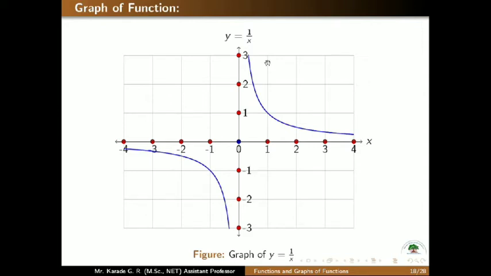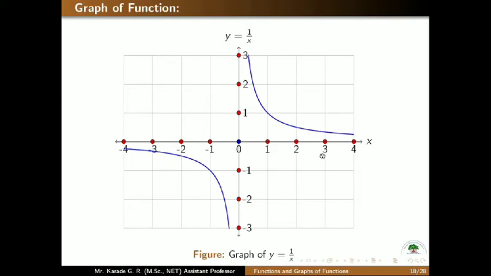But see here, as it is not defined at x equal to 0, this graph is broken at x equal to 0. That's why this graph is not continuous at x equal to 0. That also we can conclude here. Okay, now we see the limiting position of that function as x tends to infinity, which means as x becomes larger and larger, the function 1 upon x becomes smaller and smaller, which means it approaches 0.